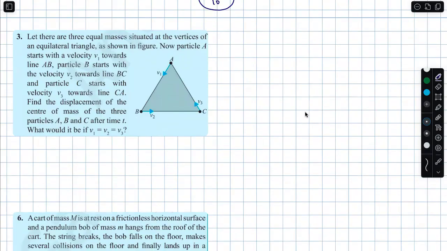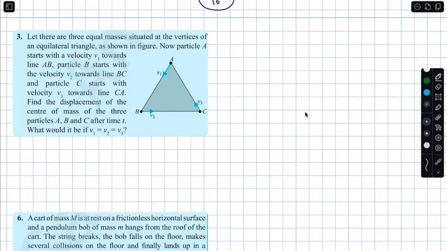Now particle A starts with a velocity v1 towards line AB. Similarly, B moves towards C. Likewise, you can find the displacement of center of mass of the 3 particles A, B, and C after time t. What is your answer if V1 bar is equal to V2 bar, V1 is equal to V2 is equal to V3, not bars, magnitude wise only.